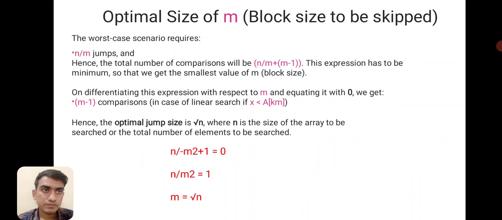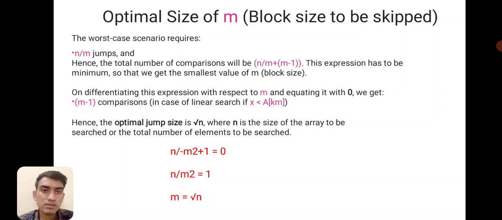In the worst case scenario, there are n by m jumps, and hence the total number of comparisons will be n by m plus m minus 1. This expression has to be minimum, so that we get the smallest value of m. On differentiating this expression with respect to m and equating it with 0, we get m equal to root n. Here m minus 1 comparisons are needed in case of linear search if x is less than A[km].